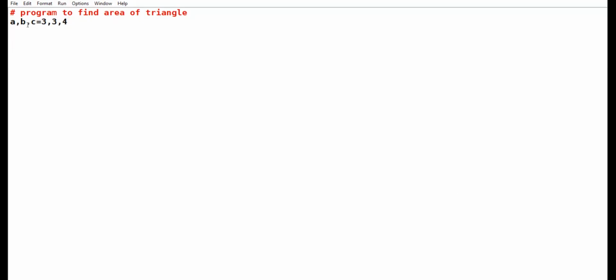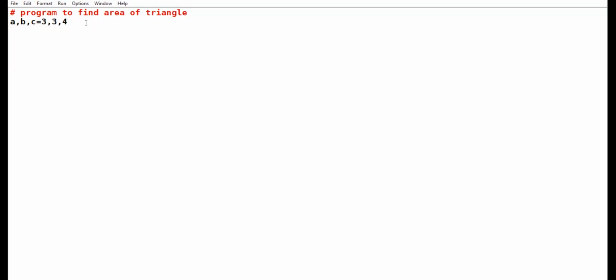First variable on the left side will take the first value on the right side. Second variable on the left side will take the second value on the right side. Third variable on the left side will take the third value on the right side. Clear?